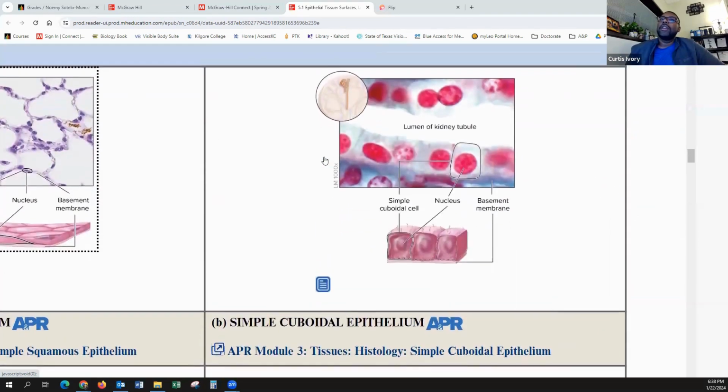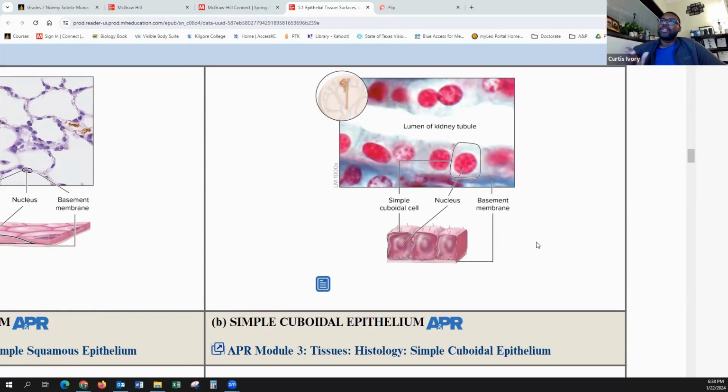In this one over here, we have what's called simple cuboidal. Simple, again, means one layer. Cuboidal means that it is in a cube-like shape. We're going to find these in the kidneys. Remember, cuboidal cells are going to secrete.